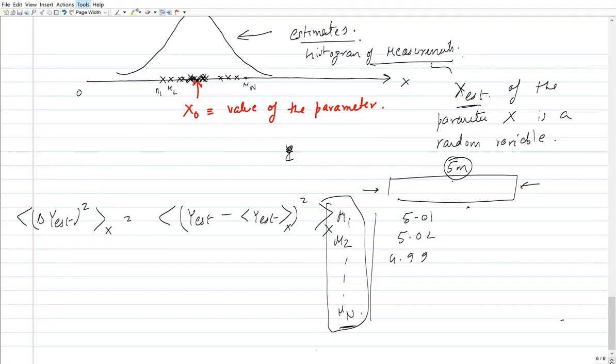Now, for example, let's say I have two parameter estimation schemes. This is the x-axis again, and I have a parameter embedded which needs to be measured.